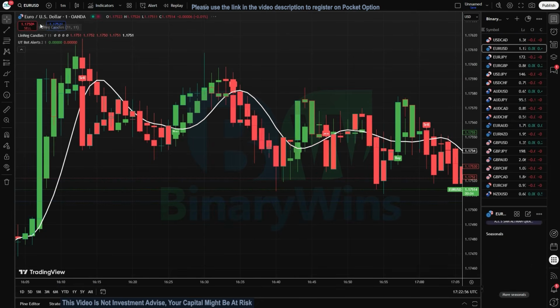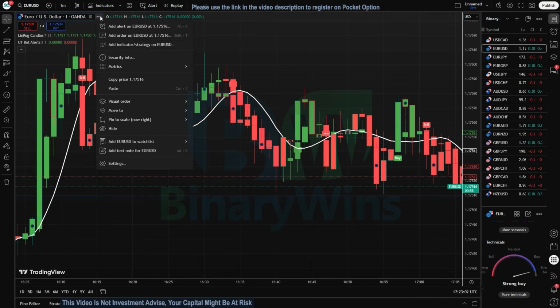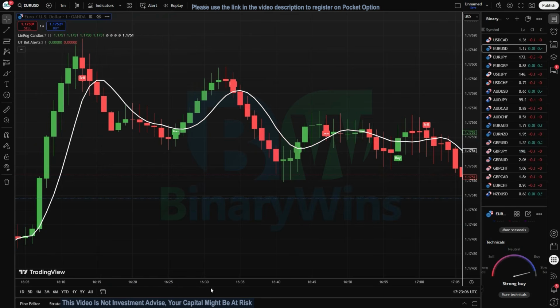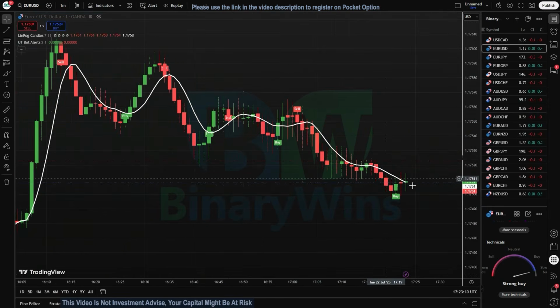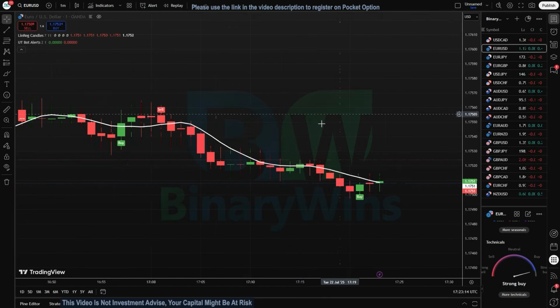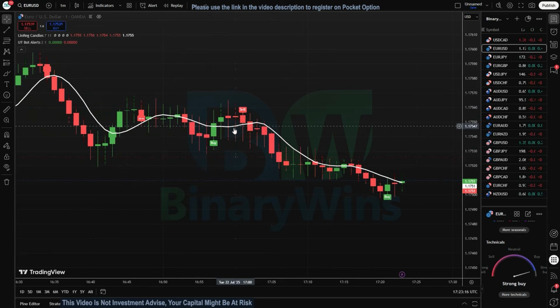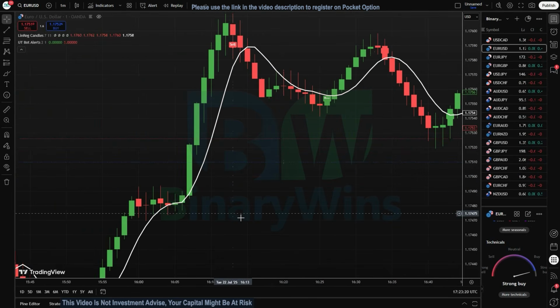Now to arrange the shape of the candles, just go to the currency pair settings above, click on the More button, and then select the Hide option. You see the main candles are hidden, and we can now trade using the indicator signals.